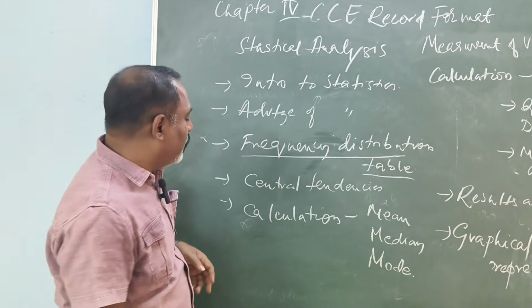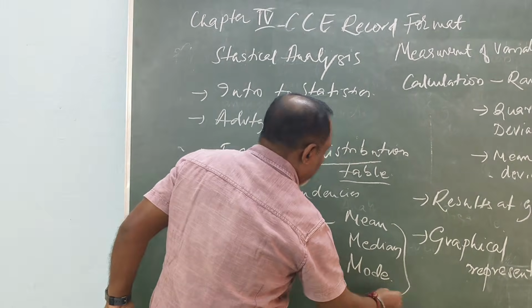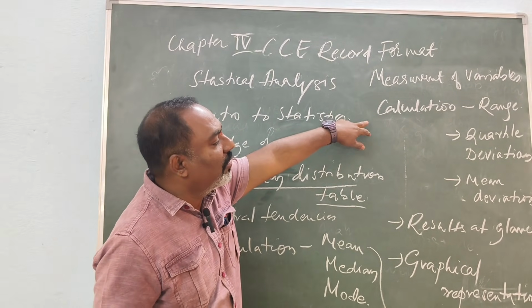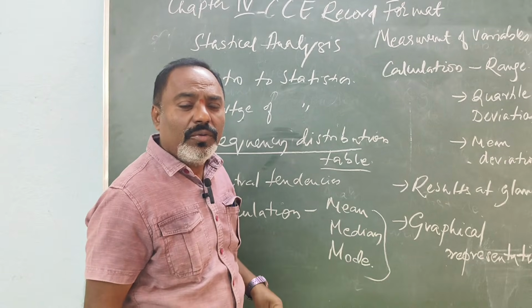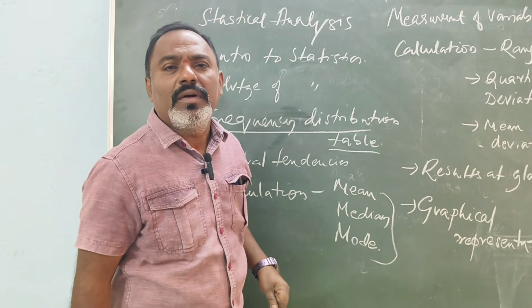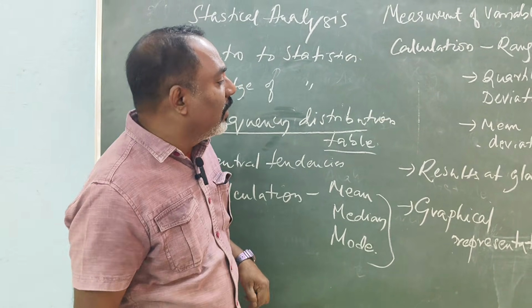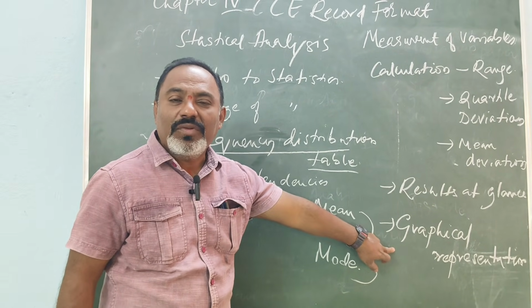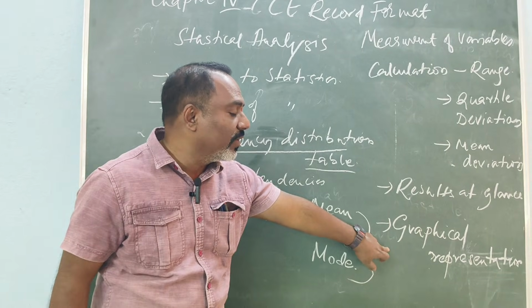So these two, the mean, median, mode calculation, as well as the calculation of range, quartile deviation, and mean deviation, will give a clear picture of your analysis, which can be seen in the graphical representation.